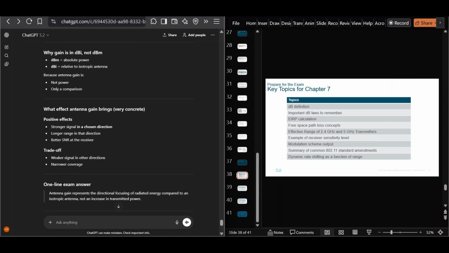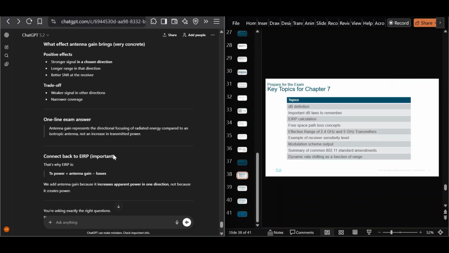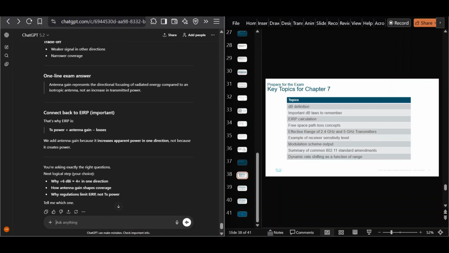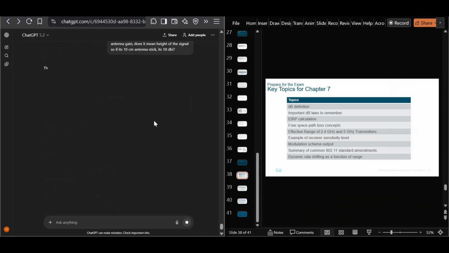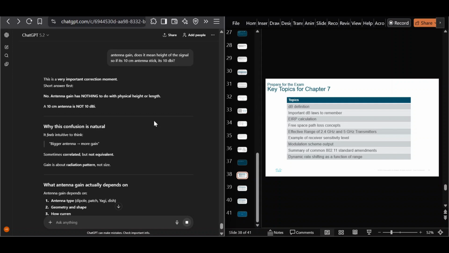A stronger signal in a direction means more gain. Antenna gain represents the pattern compared to isotropic. The physical height or length of the antenna does not mean it is 10 dBi.